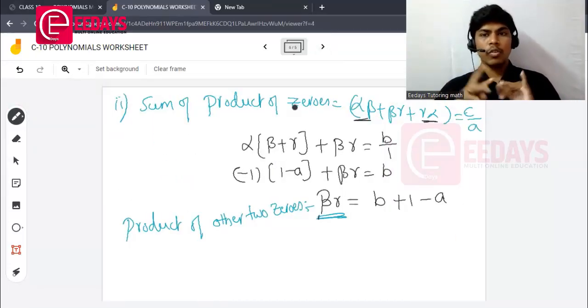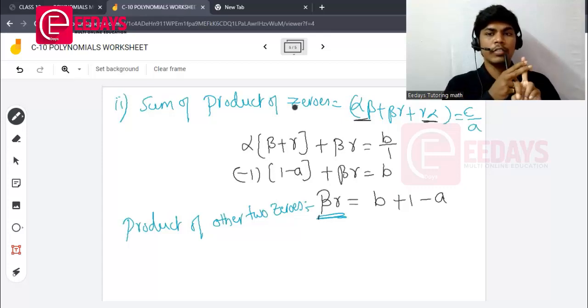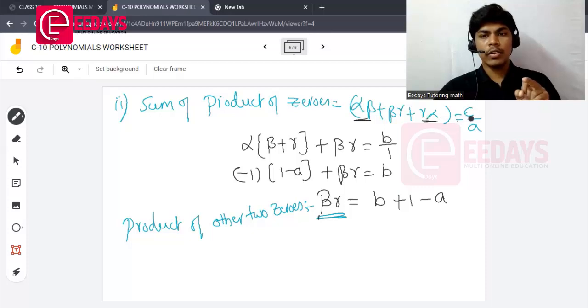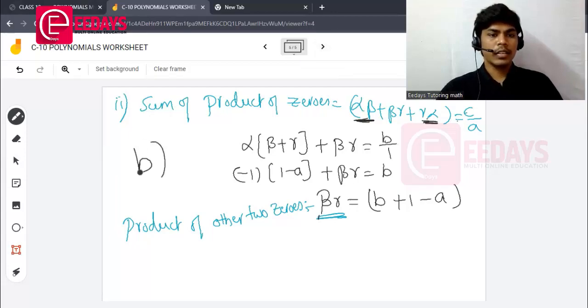That is why I'm writing alpha beta plus beta gamma plus gamma alpha is equal to c by a. In this, I took alpha as common, beta plus gamma is left, and beta gamma is b by a. So the product of the other two zeros, beta gamma, is equal to b plus 1 minus a. Option B is the correct answer.